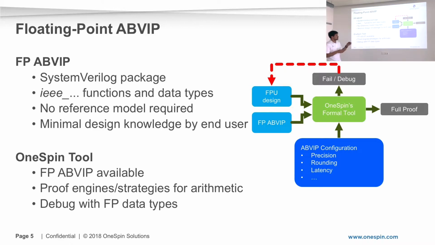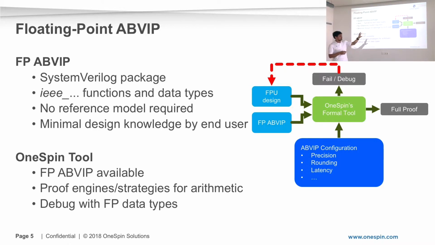So how does this look? In the middle we have the OneSpin formal tool, which takes as input the floating point implementation, and the user instantiates the formal assertion-based verification IP. Then the verification IP needs to be configured: the user specifies the precision, the rounding modes, and the latency, meaning when the result is valid at the output.